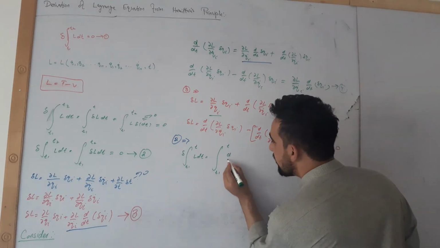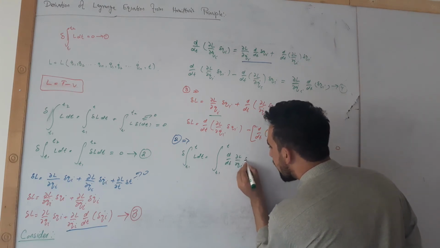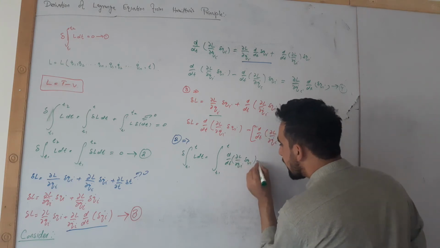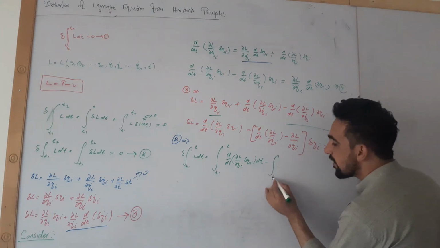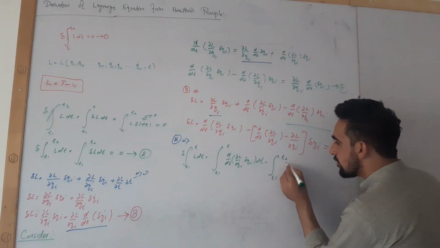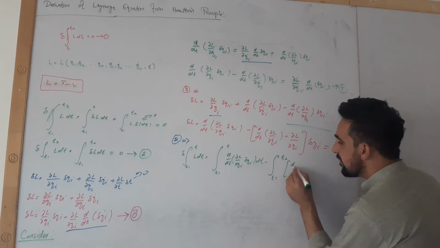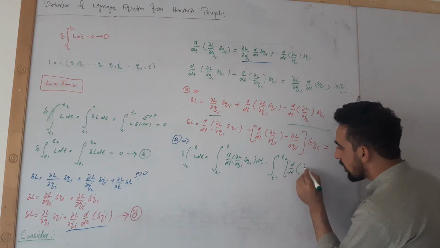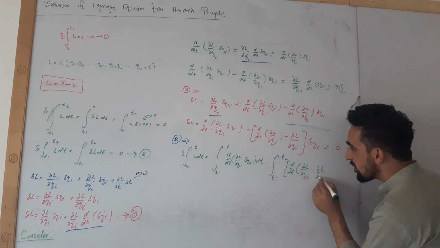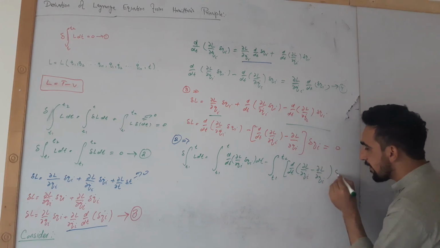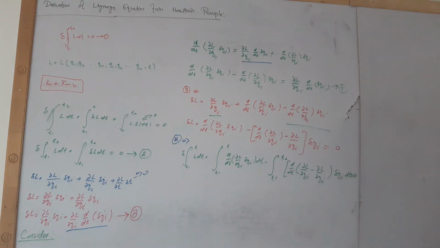So we have d by dt of partial L by partial qi dot del qi dt minus integral from T1 to T2 of d by dt of partial L by partial qi dot minus partial L by partial qi, del qi dt is equal to 0.